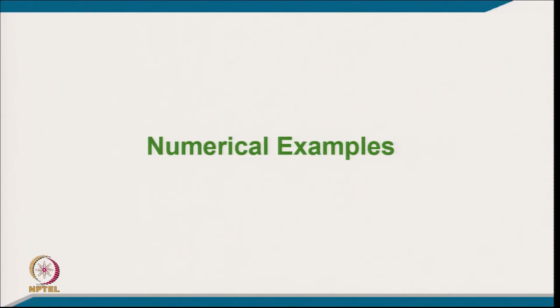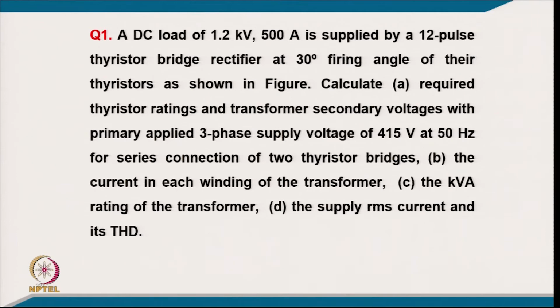Well, coming now to the numerical examples on these multipulse converters. A DC load of 1.2 kV, 500 ampere is supplied by a 12 pulse thyristor bridge rectifier at a 30 degree firing angle of the thyristors, as shown in the figure. Calculate: A, the required thyristor rating and the transformer secondary voltage, with the primary applied 3 phase supply voltage of 415 volt at 50 hertz, for series connection of 2 thyristor bridges.